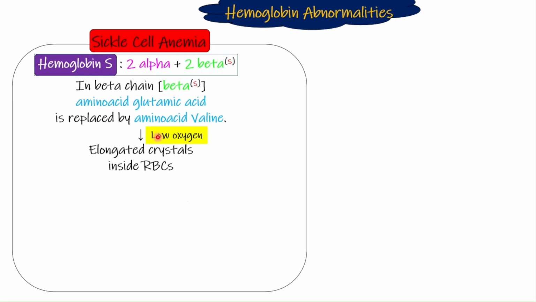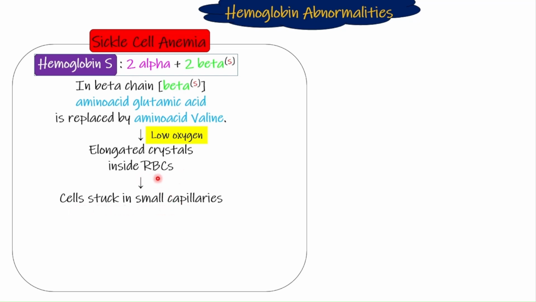Whenever this hemoglobin S is exposed to low oxygen concentration, this hemoglobin will be converted into elongated crystals inside the RBCs. Now, these elongated crystals will get stuck in the capillaries.